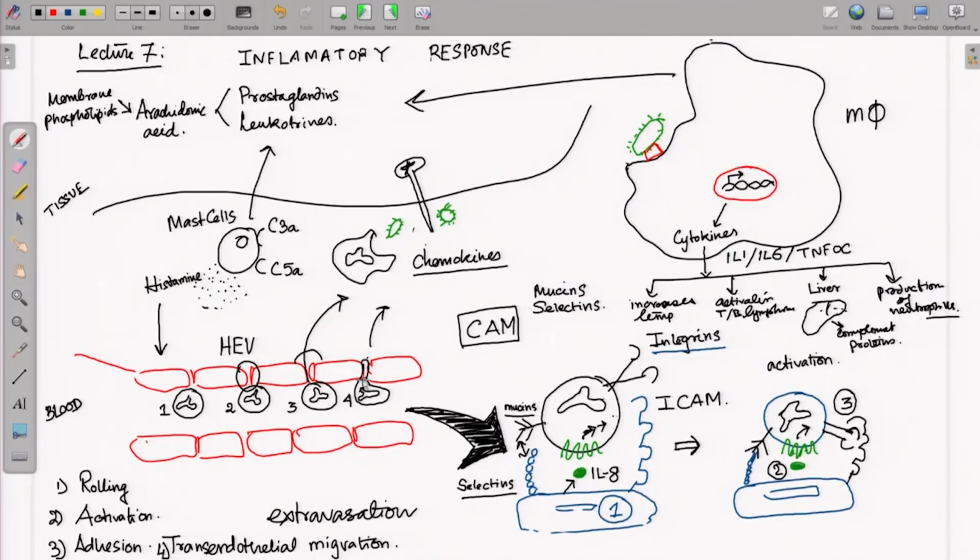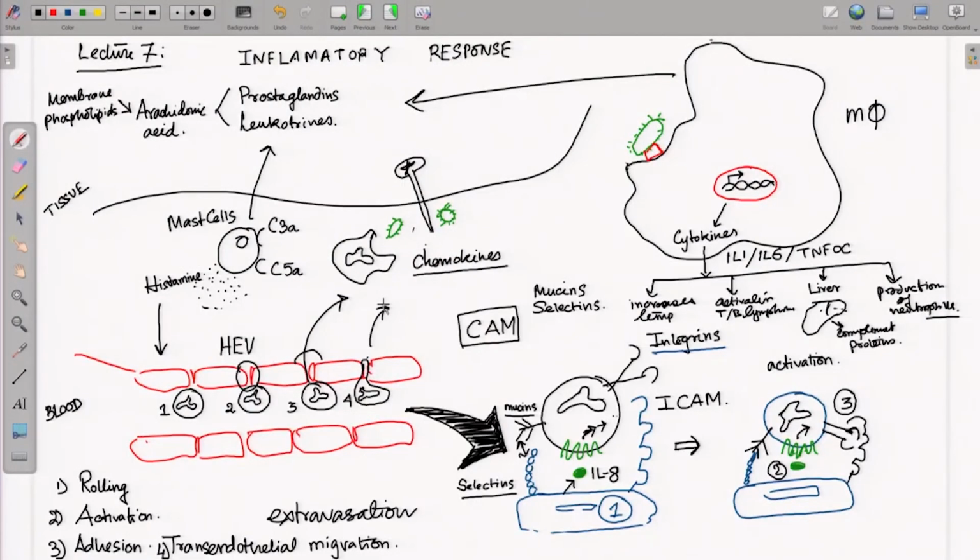These neutrophils migrate to the tissue, and inside the tissue there are other chemoattractants, many other chemokines and small molecules, which attract the neutrophils more towards the site of action or the damaged tissue and bring them closer to the pathogen, and they start engulfing the pathogen.